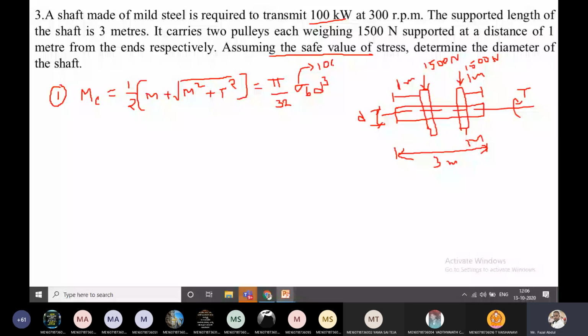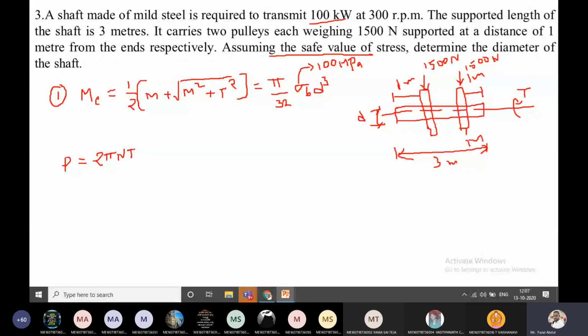Now one by one I am calculating. First, the torque value we can get with the help of the power equation. Power P equals 2 pi N T by 60.